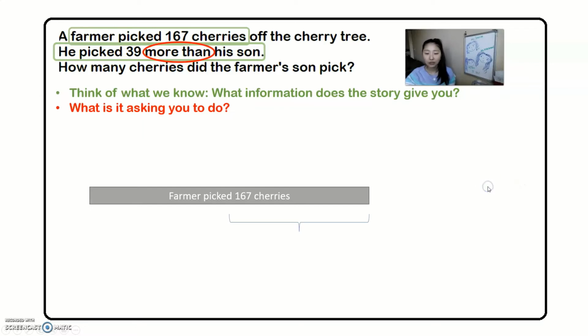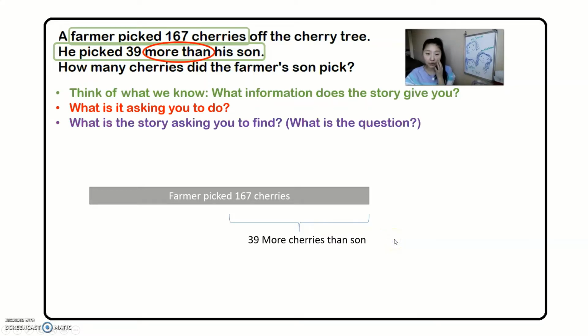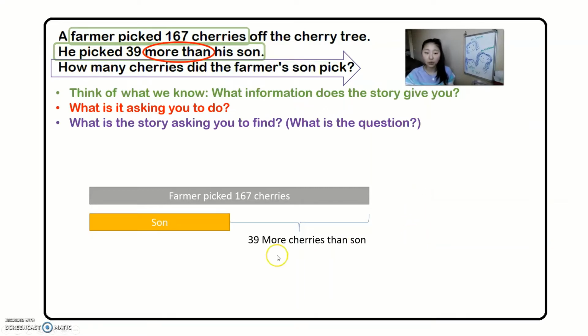So I actually am putting a bracket right below, and it's showing that he picked 39 more than his son. And then I'm going to show you, now we need to find out what the farmer's son actually picked. We can show that by this block right here. So if you look at it right now, it looks like a part-whole model. So what do you have to do to those two numbers to find out the son?